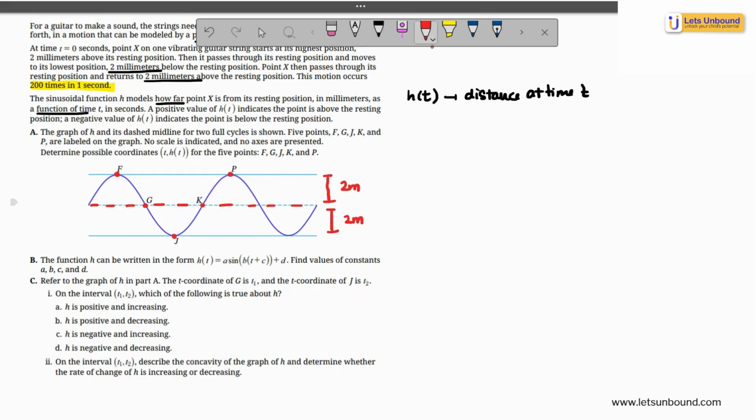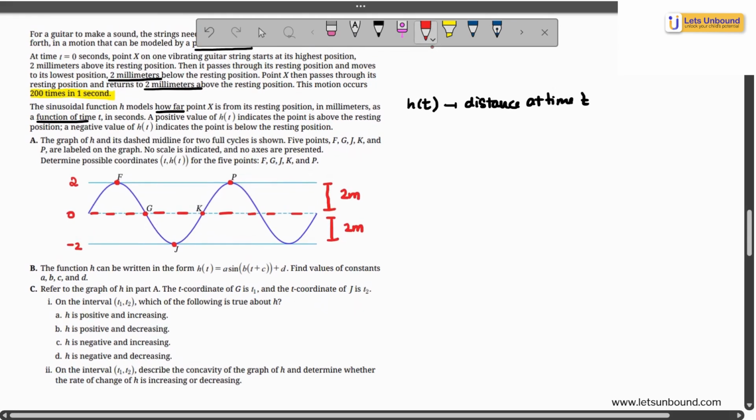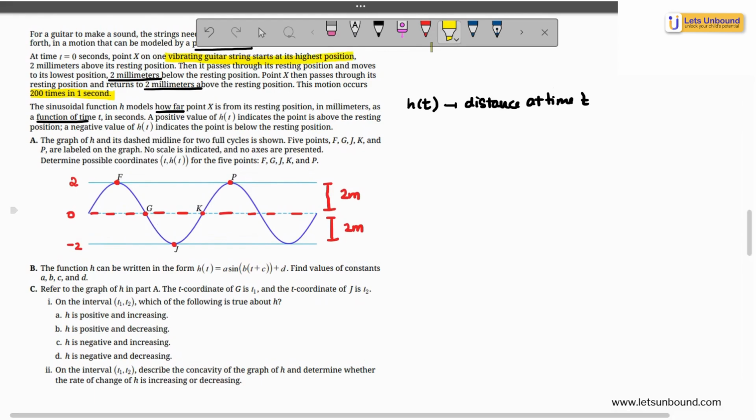But since I have to determine coordinates, and the question also says positive for going up and negative for going down, I will have to assume for the axis that this is 2, this is negative 2, and this is 0. Going on ahead, it also says that at time being 0, point X starts at its highest position. So it is important that the point does not start from its resting position.